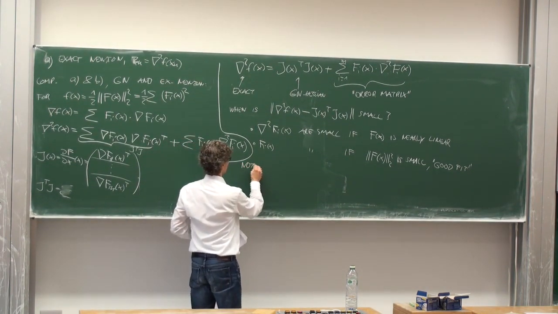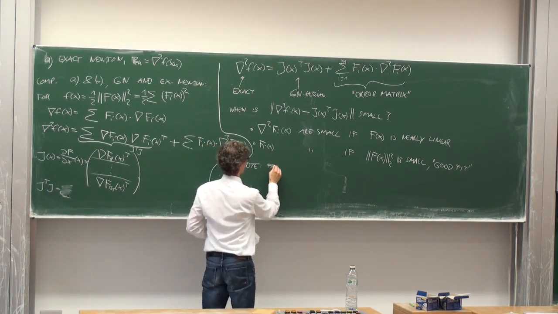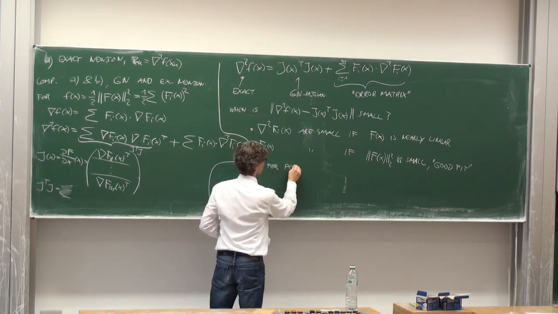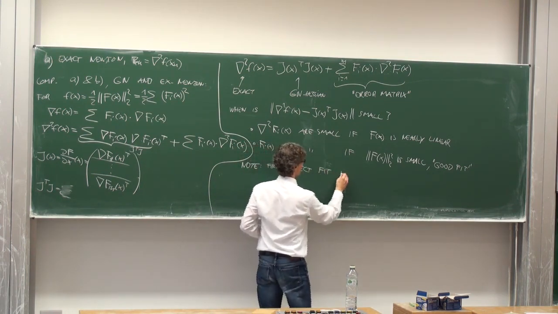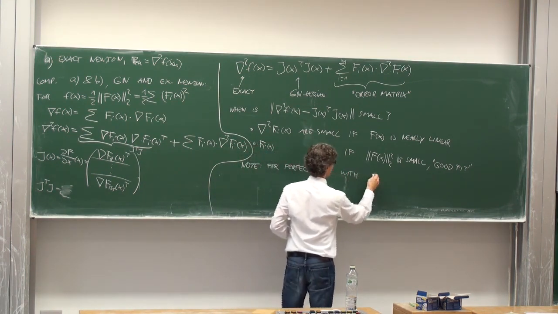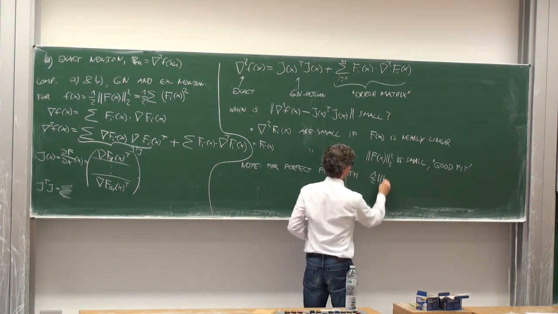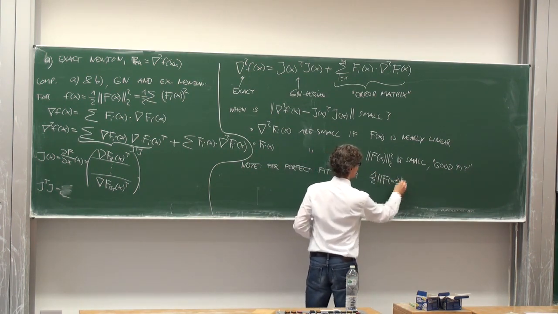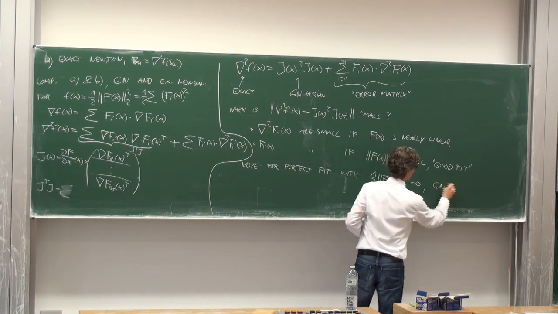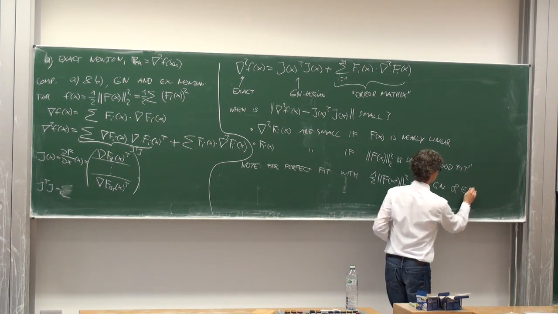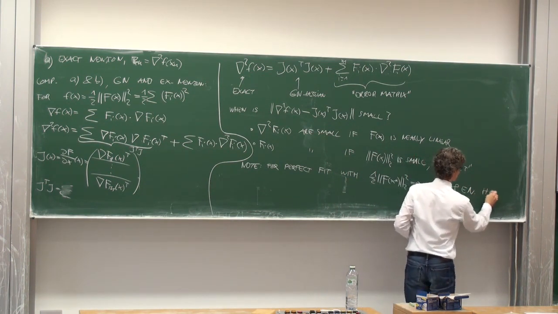So note, for a perfect fit, which is never the case, of course, with 1/2 f of x star being 0, Gauss-Newton and exact Newton Hessians coincide.